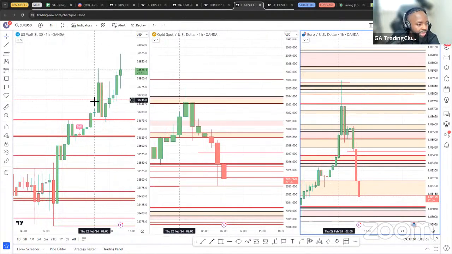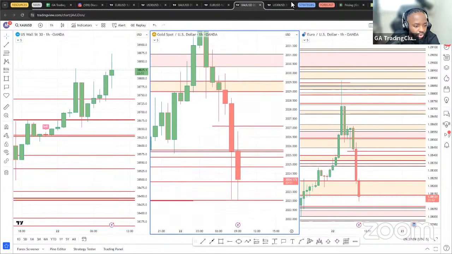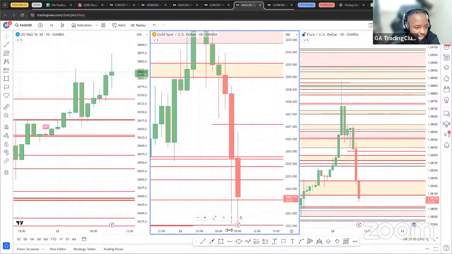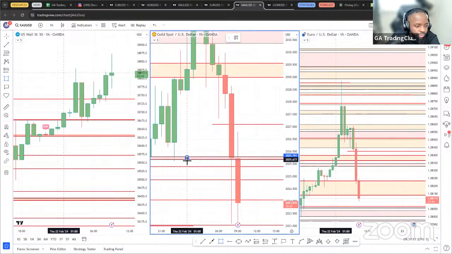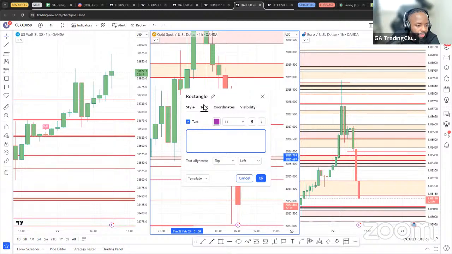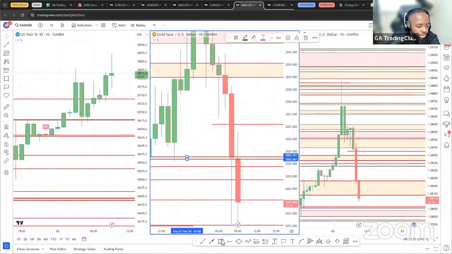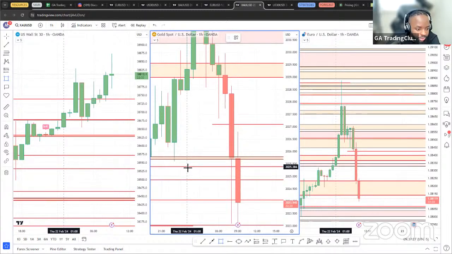Here on the 1-hour time frame, nothing for US 30, nothing for gold based off of where it is right now. This is a double SAR region right here for gold. I think this other one is a double SAR as well.